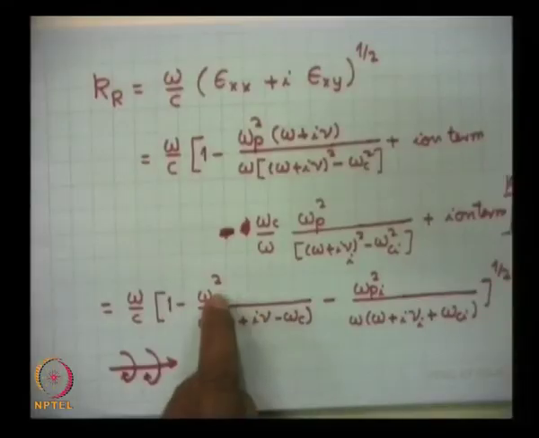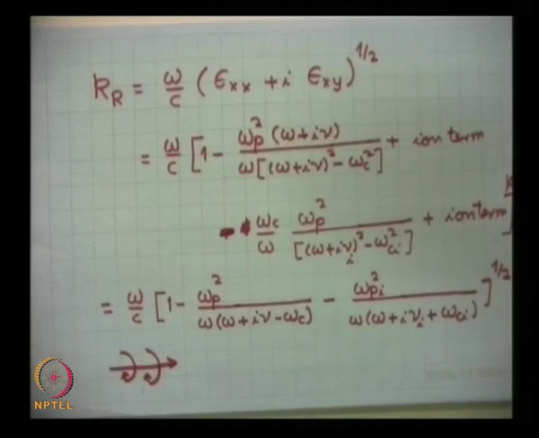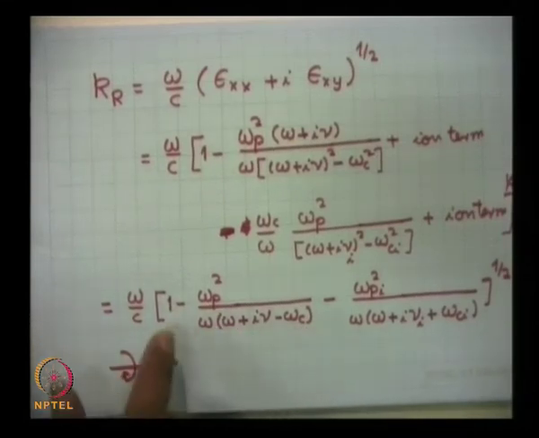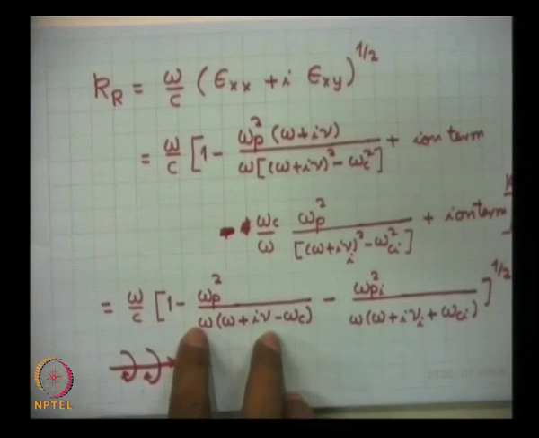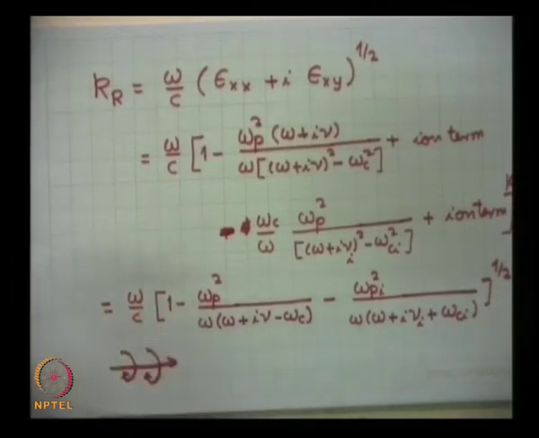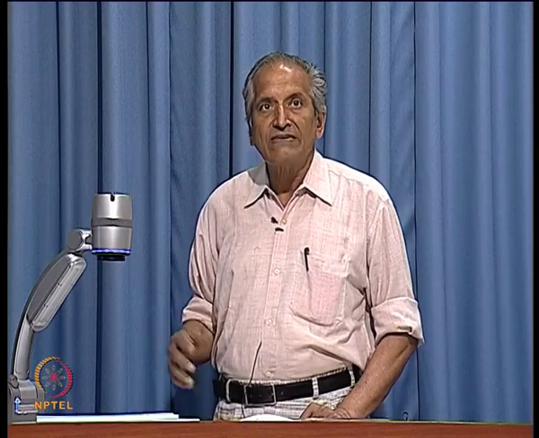So irrespective of the value of omega p, if omega is less than omega c, this term becomes positive and the wave can penetrate any dense plasma, whatever the density is. That is a very important characteristic of magnetized plasmas, that a magnetic field can allow the penetration of a low frequency wave into a plasma of any density.